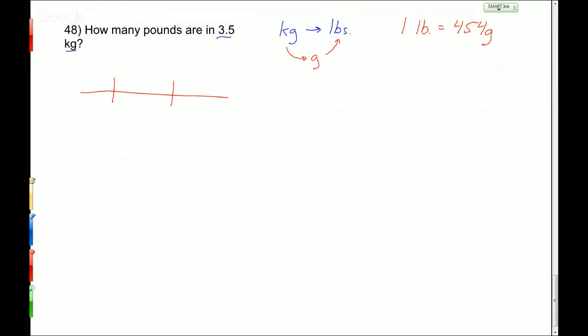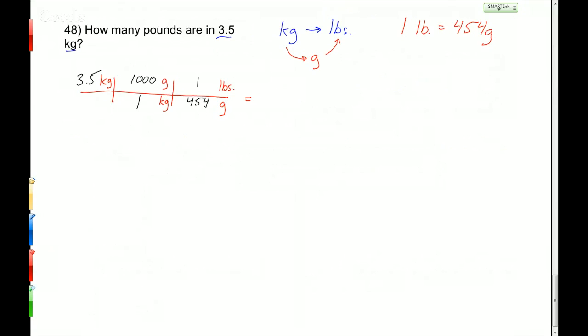So we start with kilograms, get rid of kilograms by putting it on the bottom and instead have grams. Then get rid of grams and instead have pounds. Now we just fill in the numbers. So we start with 3.5 kilograms. Then we recognize that there are 1,000 grams in a kilogram. And finally, that there are 454 grams in a pound.